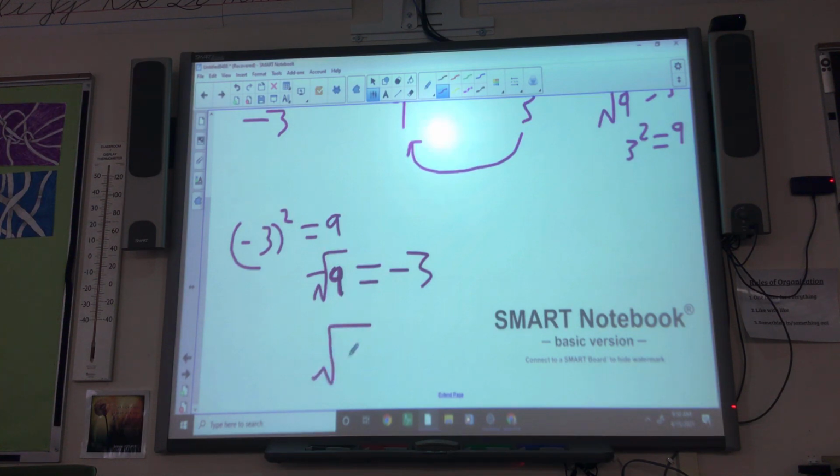What if I do this, the square root of negative 9? What number times itself equals negative 9? Any number?